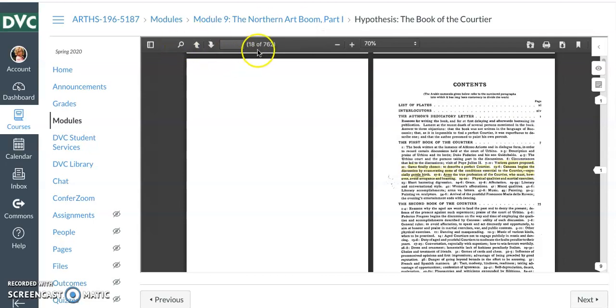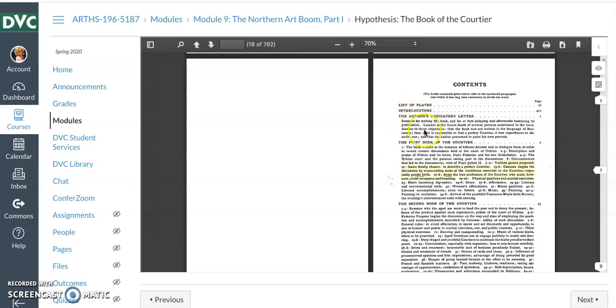So the first thing I'm showing you is there's a little navigation tool for moving around the pages. I'm on page 18 out of 762, which is showing us the table of contents. This is one thing that I want you to actually read through because it's a fascinating artifact itself.